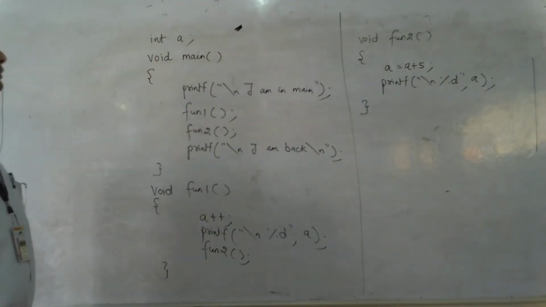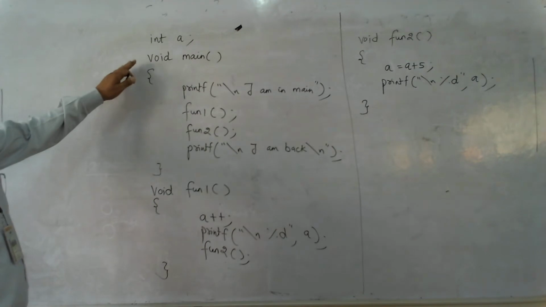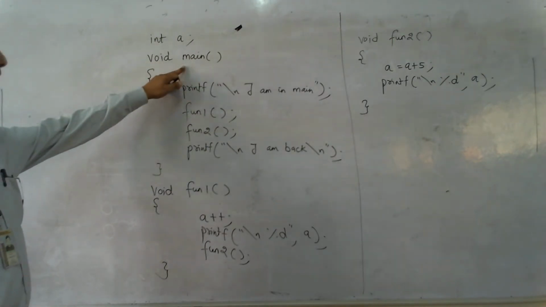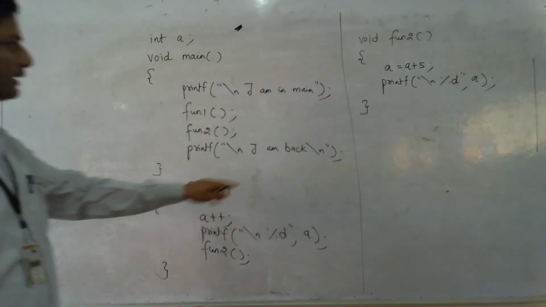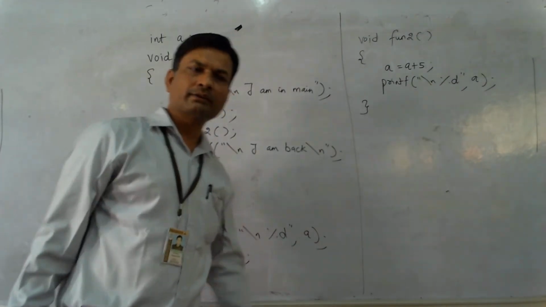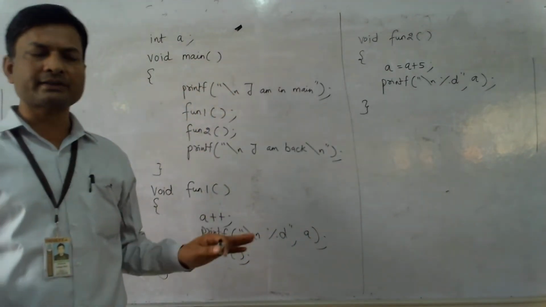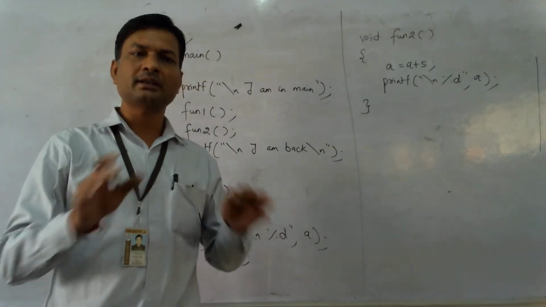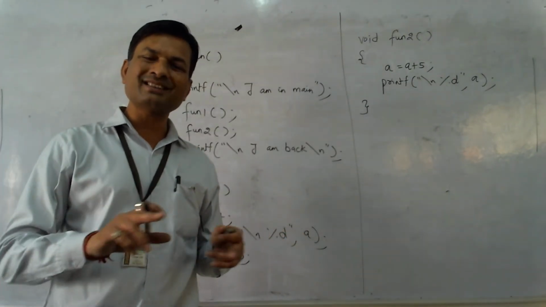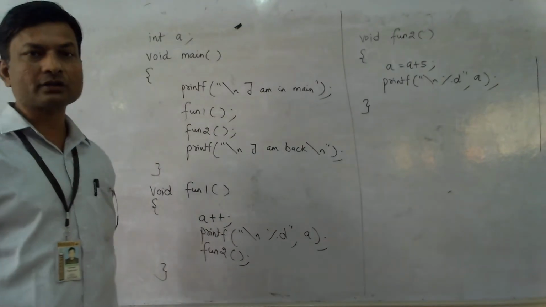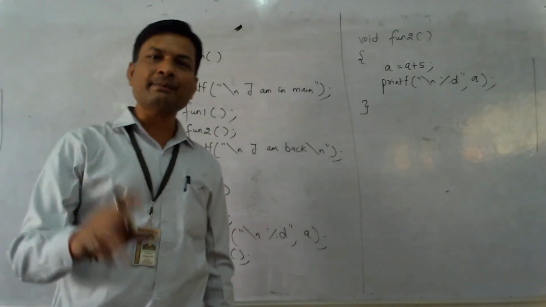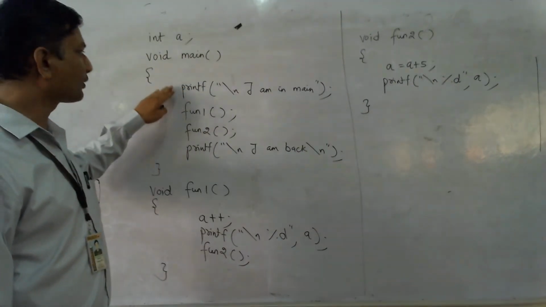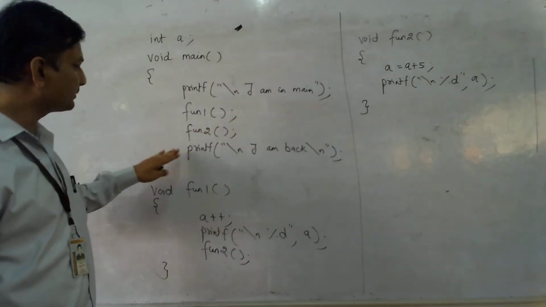So in this program we have three functions. Number 1 main, number 2 fun1, and number 3 fun2. We can have as many functions as we require in our C program, but the names of all the functions must be different, and the name of one such function is main, because execution of any program starts from main and ends with main.